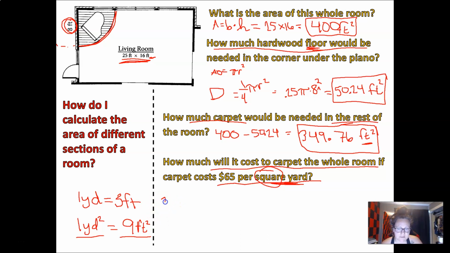So if I'm starting with my carpet being 349.76 feet squared, and I'm trying to convert it to yards, these are my two pieces. I'm going to put the 9 feet squared on the bottom because then it's going to cancel with the feet squared, right?